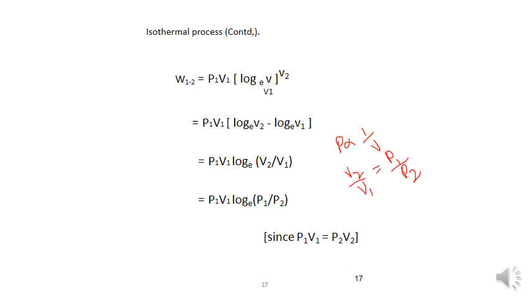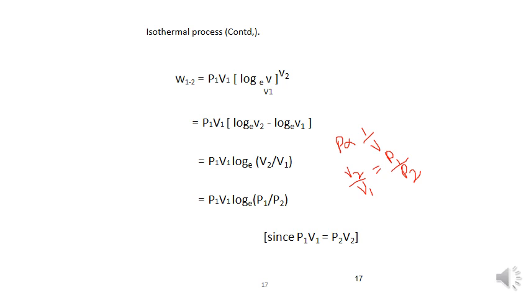The path of the process on the PV diagram appears as a rectangular hyperbola, and hence the isothermal process is referred to as a rectangular hyperbolic process. We know that PV is constant, P1 V1 is equal to P2 V2, so P is equal to P1 V1 by V. The work done is the integral of P dV, so in place of P I write P1 V1 divided by V, dV.